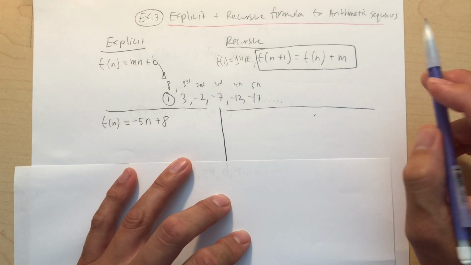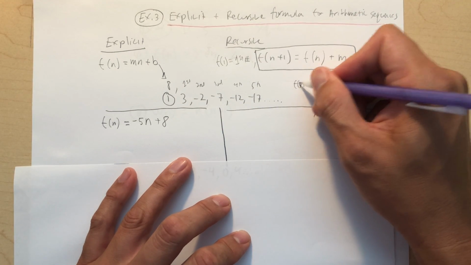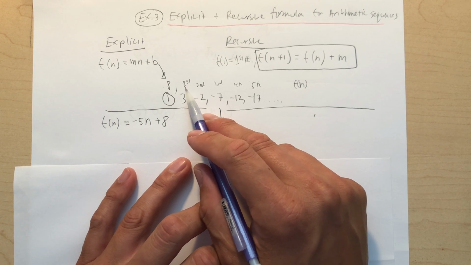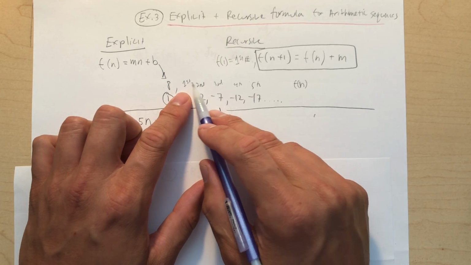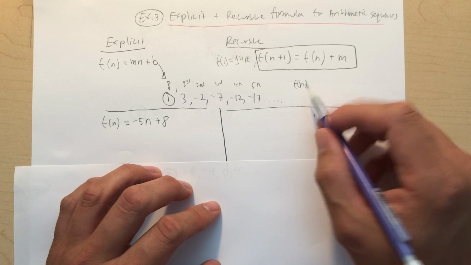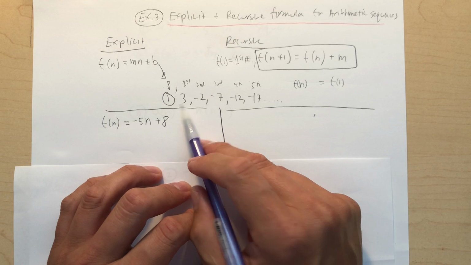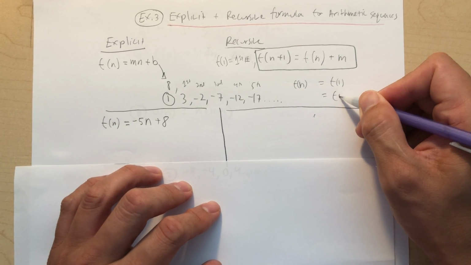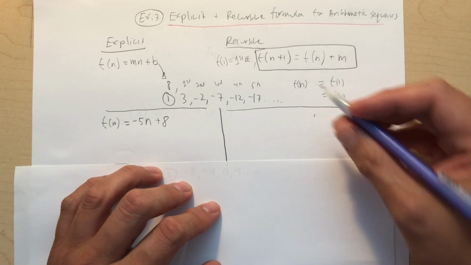Now if t of n is our first number, then our second number is 1 plus 2, which is our second number. It looks really confusing. So if this is our first number, which is 3, then our second number, isn't it just this number plus 1?